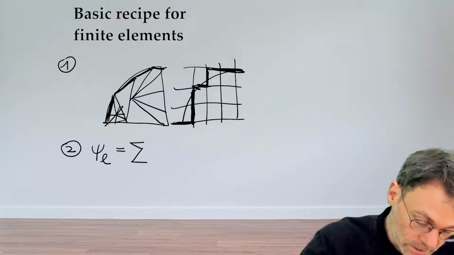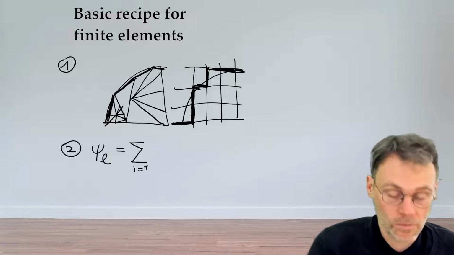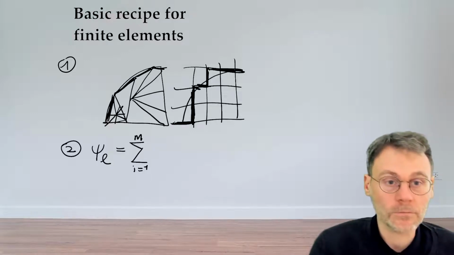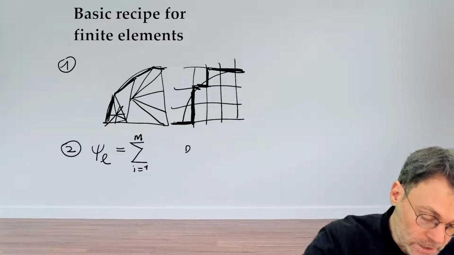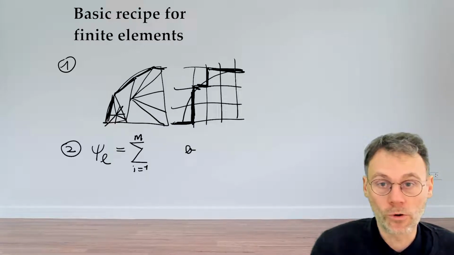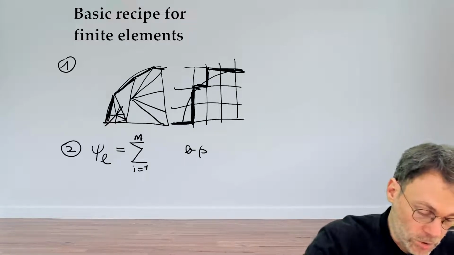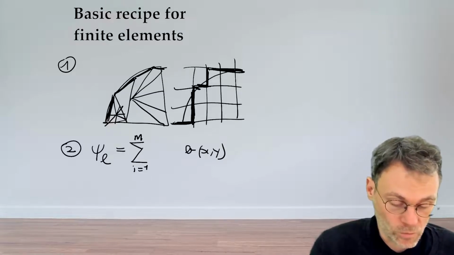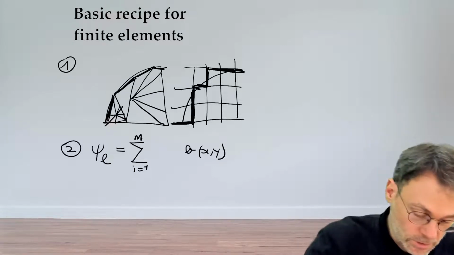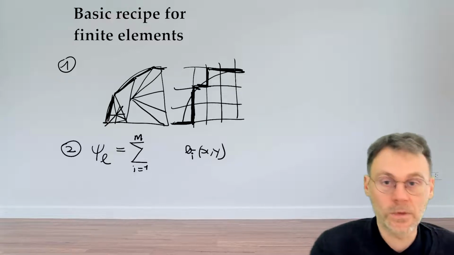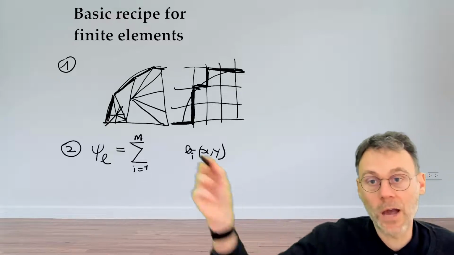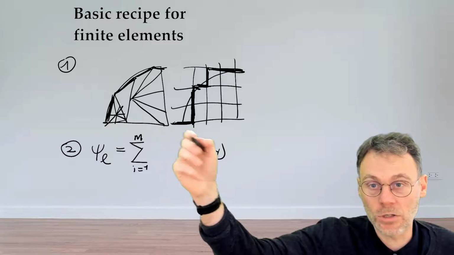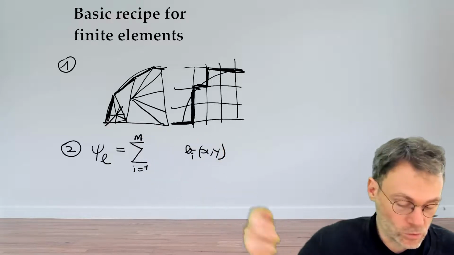So we have an index i running from 1 to m, where m is the number of basis functions that we're going to use to approximate our function. So let's look at the 2D case where the basis functions are a function of x and y. So in each element we have m of these basis functions, with an index i running from 1 to m.